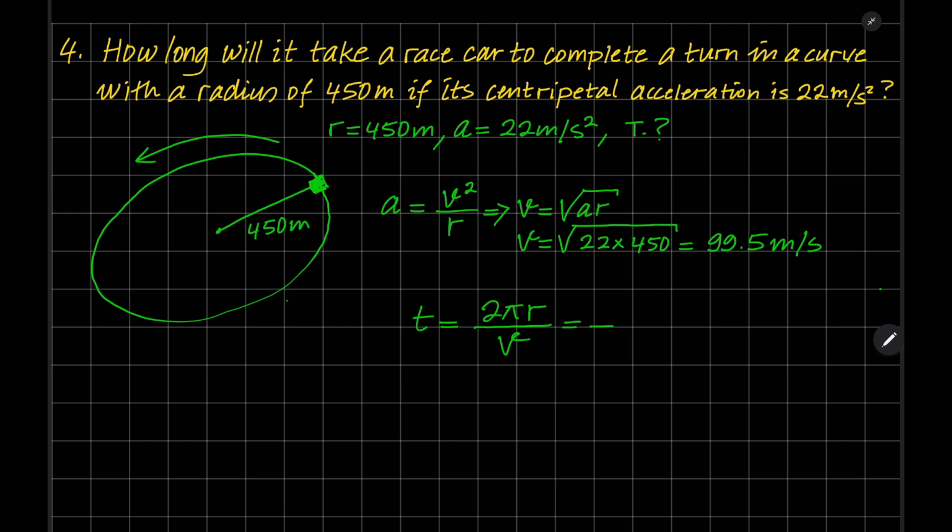It is equal to 2 pi times 450 divided by 99.5, which is equal to 28.4 seconds. That's the answer. That's the period of the car also.